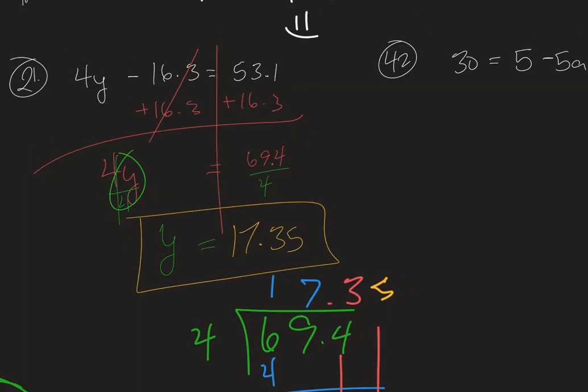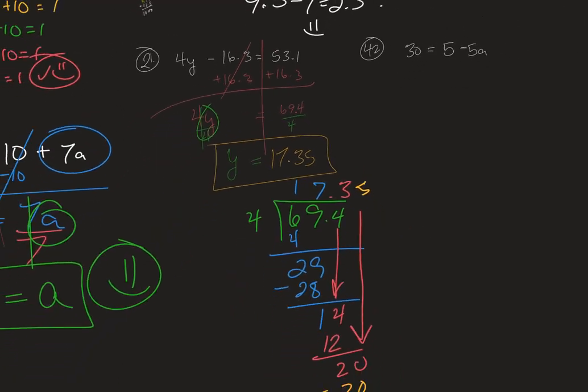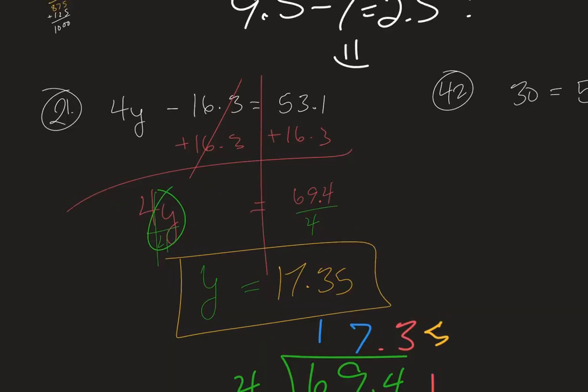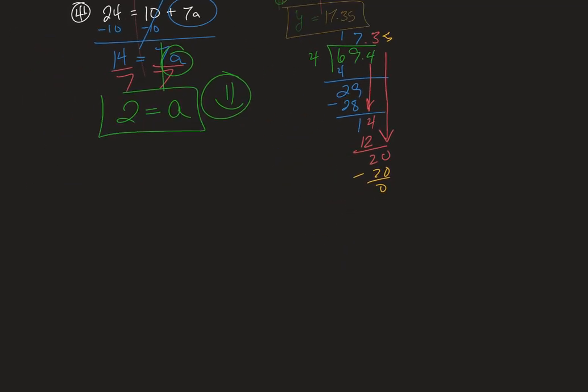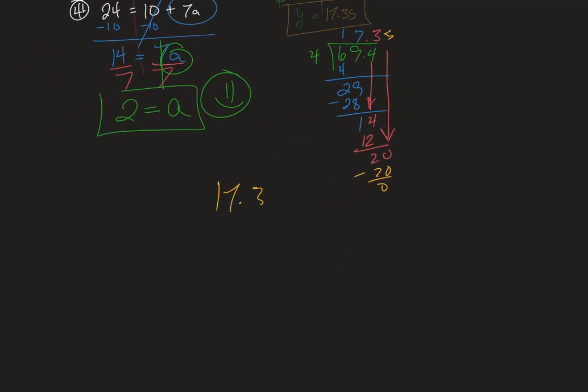And you know what? Am I going to check this? Yep, I am. I did it before. I'm going to do it again. So 17.35 times 4. Here we go. 17.35 times 4. 20, 24, 28, 29, 6. Move the decimal place.